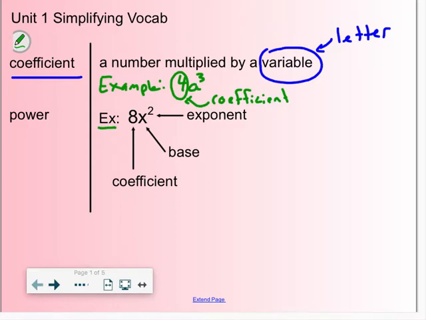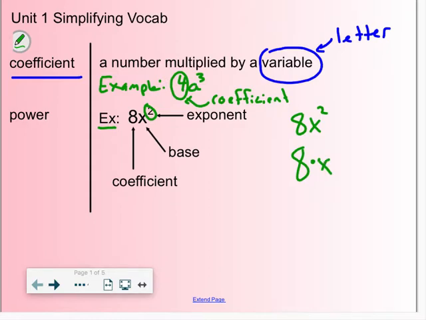What I am going to be concerned with is this guy right here, exponent. Exponent, what does it mean? An exponent is how many times you multiply something by itself. So what this 8x squared is really telling you is that it's 8, and then that 8 is being multiplied by x squared.